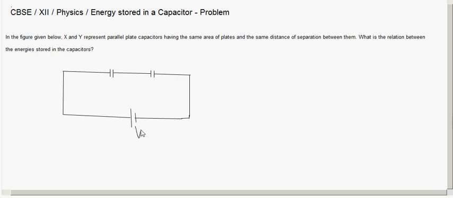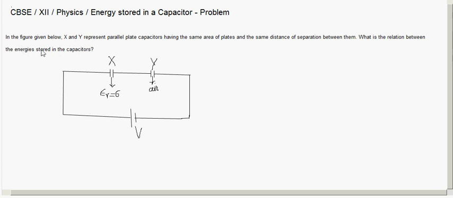So this is capital V and this is X, Y. Here the dielectric is air for one capacitor, and the other has a dielectric medium with dielectric constant K equal to 6, or epsilon r equal to 6. Epsilon r or K, both are the same, 6.